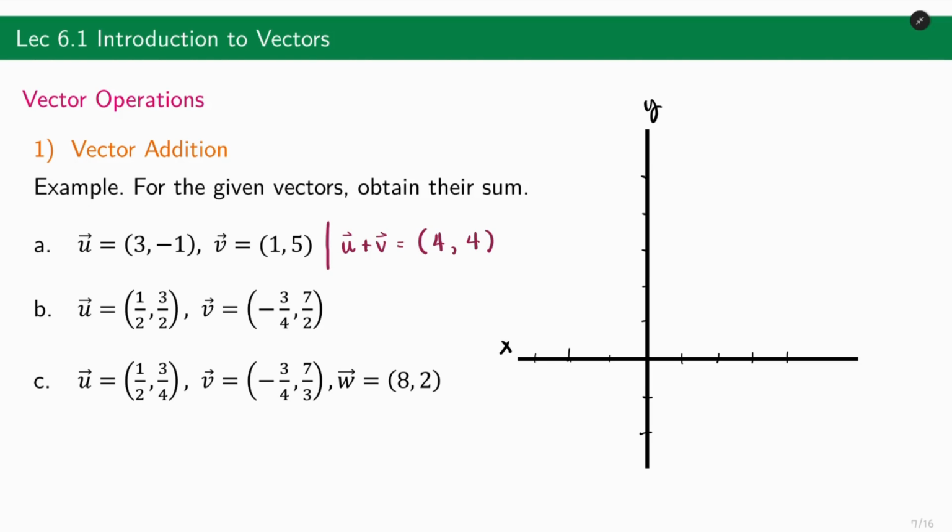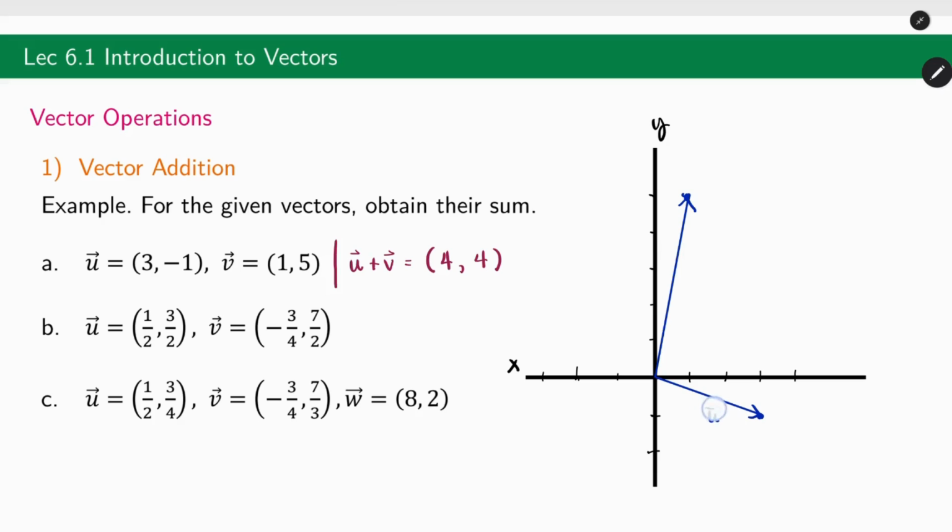Let us try to verify whether the parallelogram law is true. Vector u, this is vector v. Okay, let's copy the parallel sides. Okay, it's fine whether it will go beyond because we're going to erase it after.